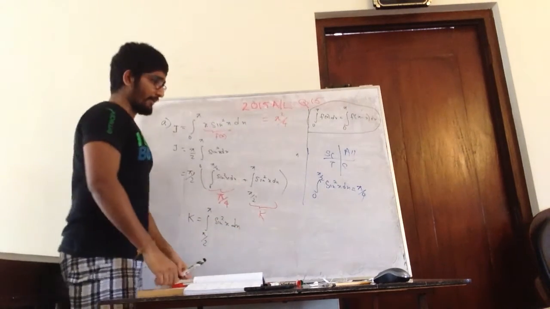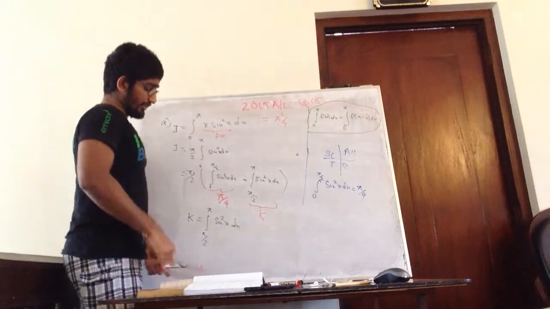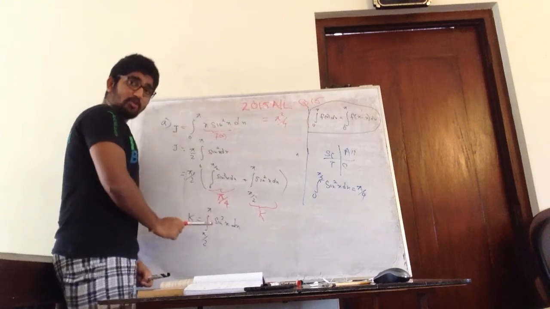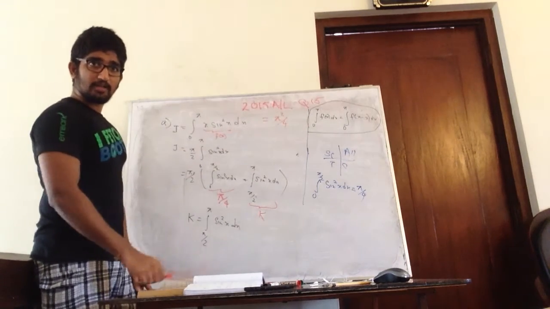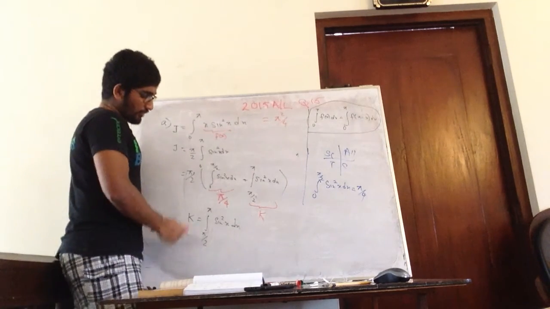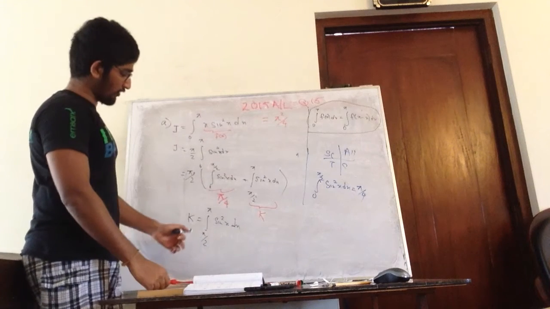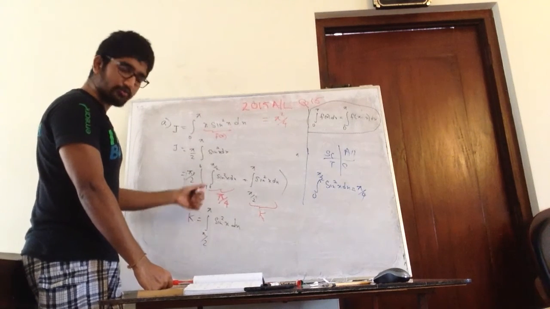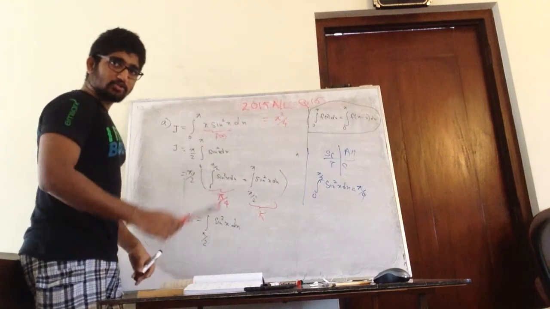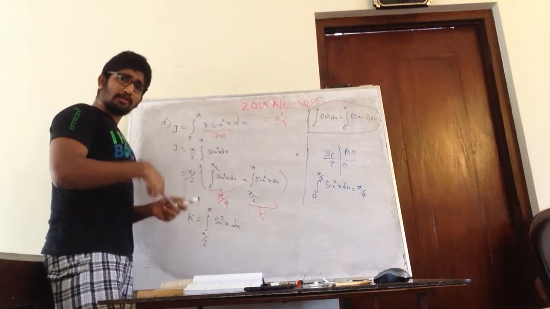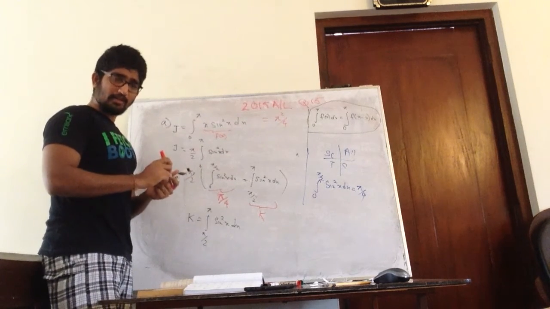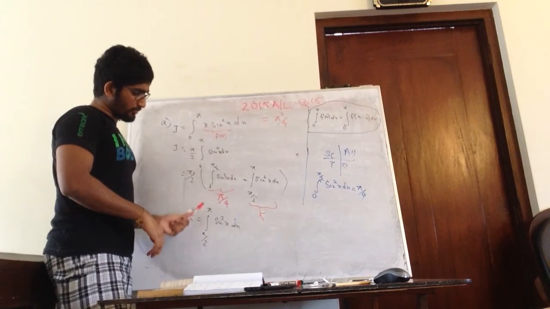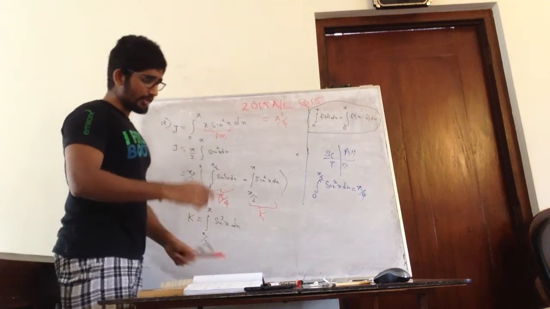Now, if this is from 0 to 5 over 2, I know the answer. But this is not from 0 to 5 over 2, this is from 5 over 2 to 5. So what I am going to do is use a substitution and try to make this 0 to 5 over 2.